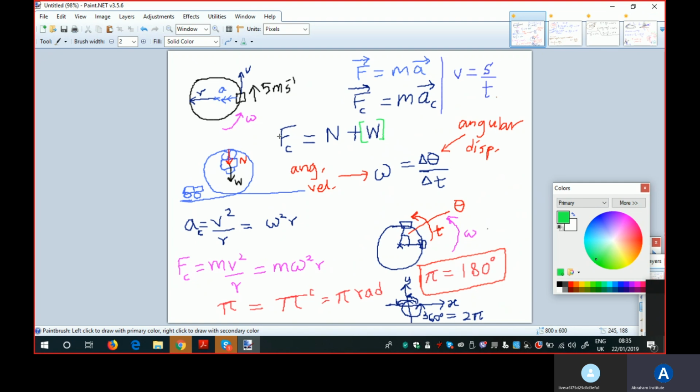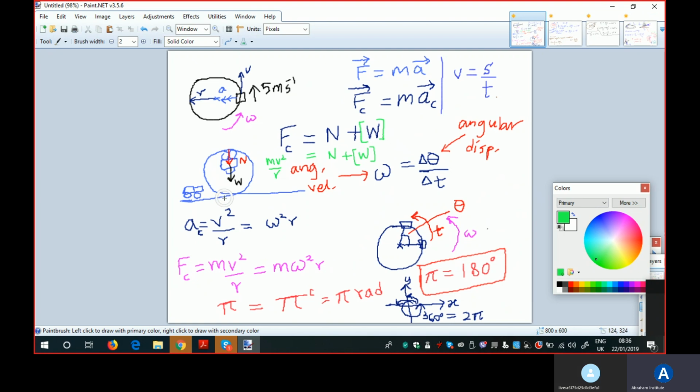So the frictional force depends on the speed, as I told you. And if the normal contact force is 0, that is the minimum, so we can get the minimum speed there. So this is equal to mv squared over r, so I will write that here: N plus W. Now W is constant, and for the centripetal force we have mv squared over r.